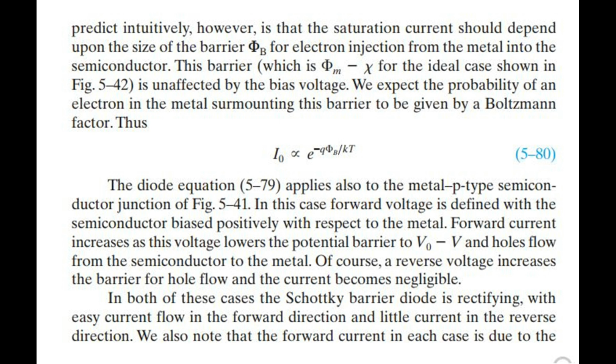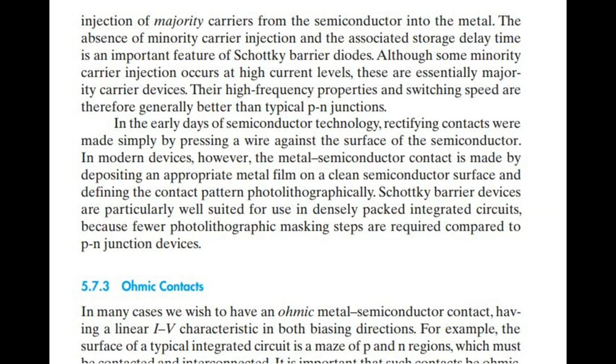Of course, a reverse voltage increases the barrier for hole flow and the current becomes negligible. In both of these cases, the Schottky barrier diode is rectifying, with easy current flow in the forward direction and little current in the reverse direction. We also note that the forward current in each case is due to the injection of majority carriers from the semiconductor into the metal.